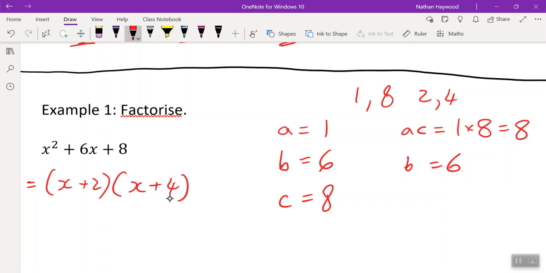Now, if you're interested to know how I got to that line, I'm going to explain how I got to that line without just guessing. So if we split the middle term, and this is really helpful for later on.